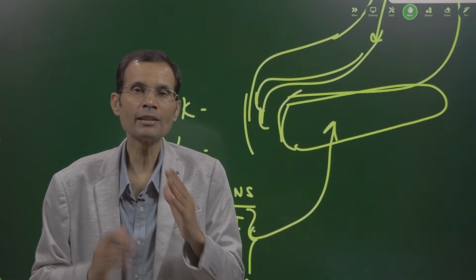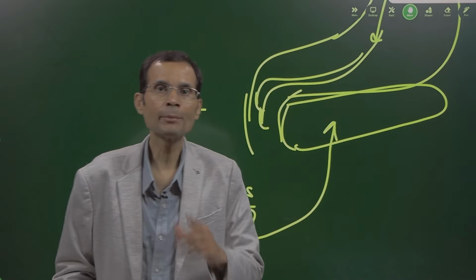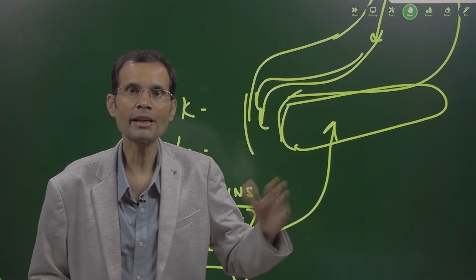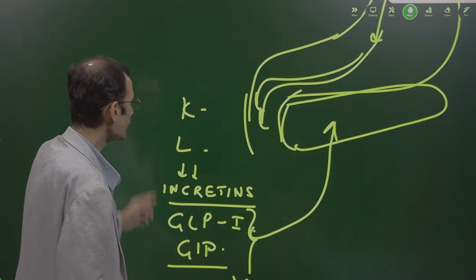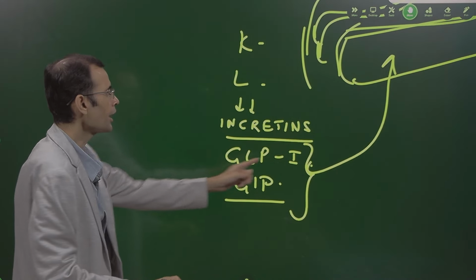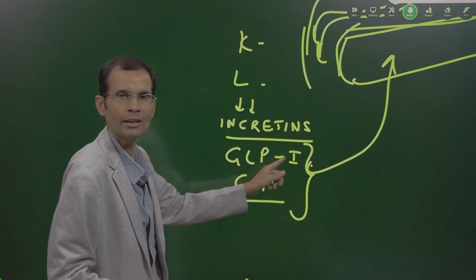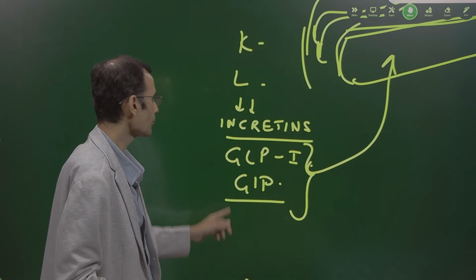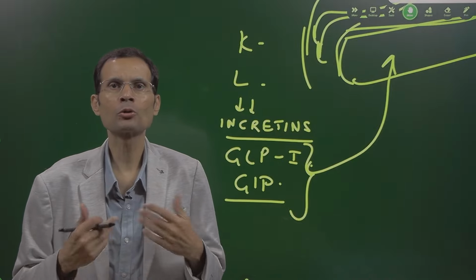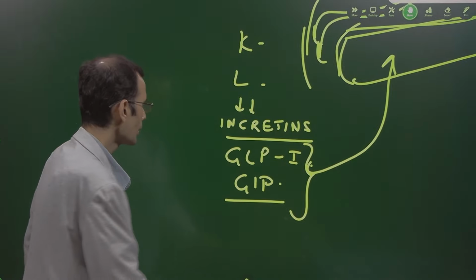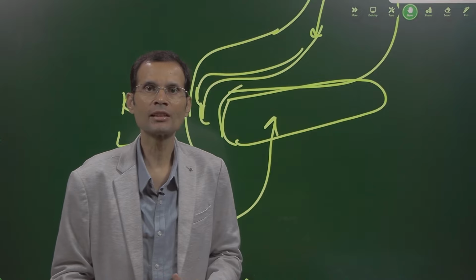These cells then secrete the incretins, incremental insulin secretion. These incretins are GLP-1, glucagon-like peptide type 1, and GIP, previously called gastric inhibitory peptide, now called gluco-insulinotropic peptide. So incretins are released by these intestinal cells.